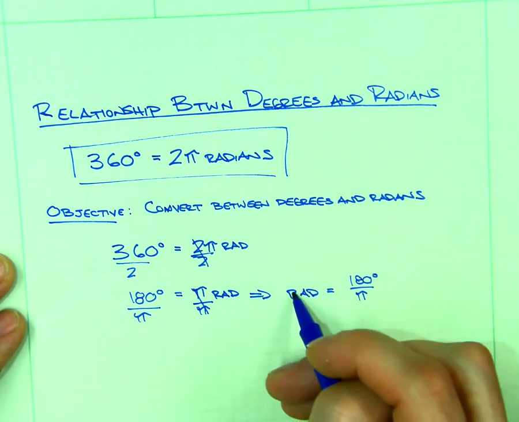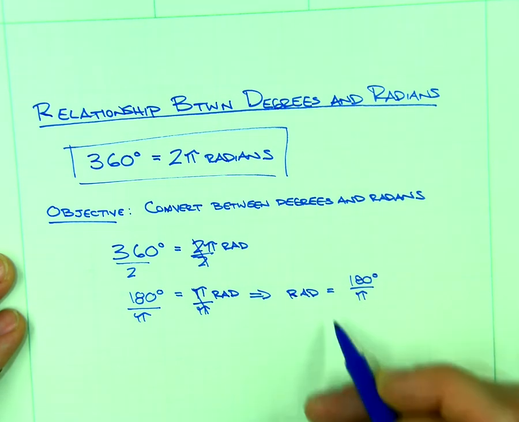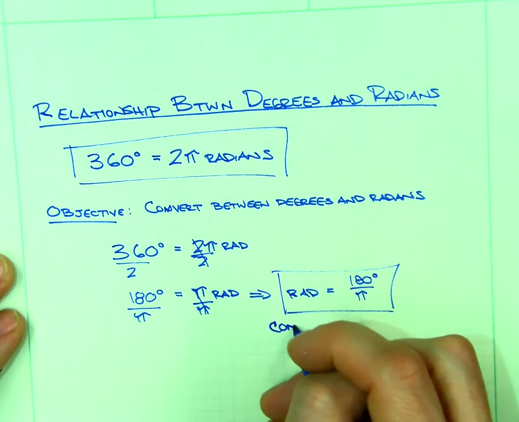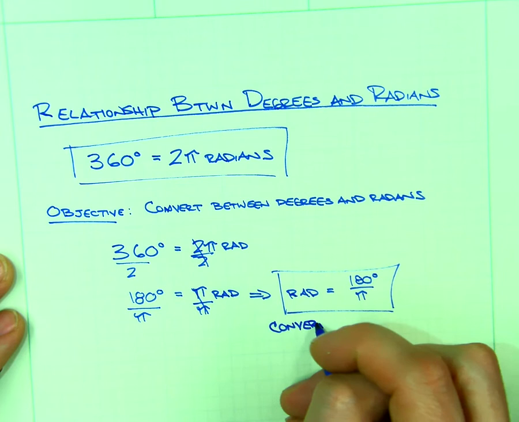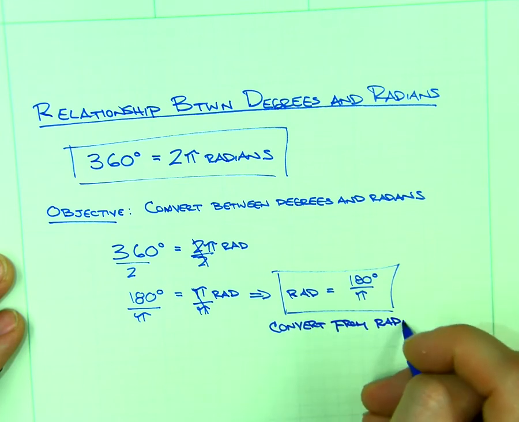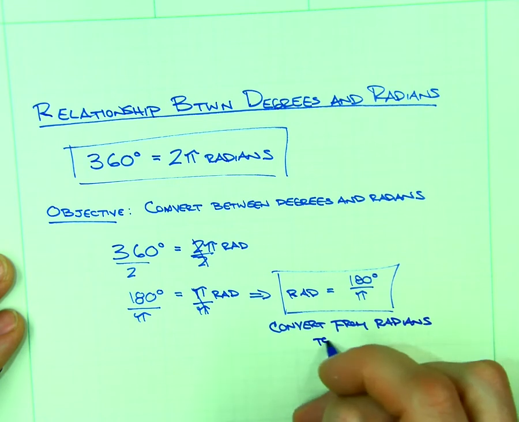And so this is how we're able to convert from radians to degrees. Go ahead and put a box around this one. This is really important. Convert from radians to degrees.